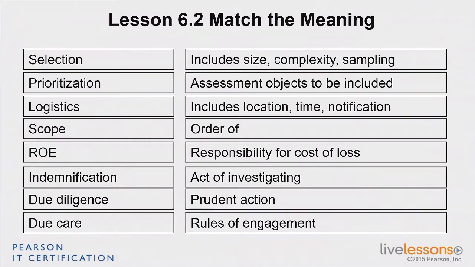So the terms I want to make sure that you're comfortable and familiar with are selection, prioritization, logistics, scope, and ROE, indemnification, and then two that you've seen earlier, due diligence and due care. So go ahead, put me on pause, take a few minutes, match up the meanings, come on back, and we'll do them together.